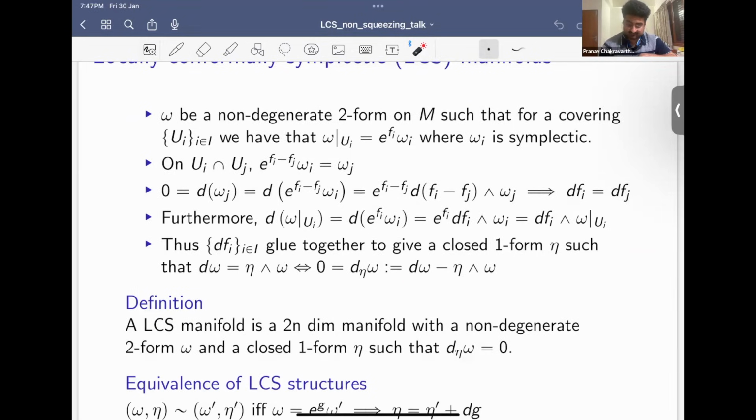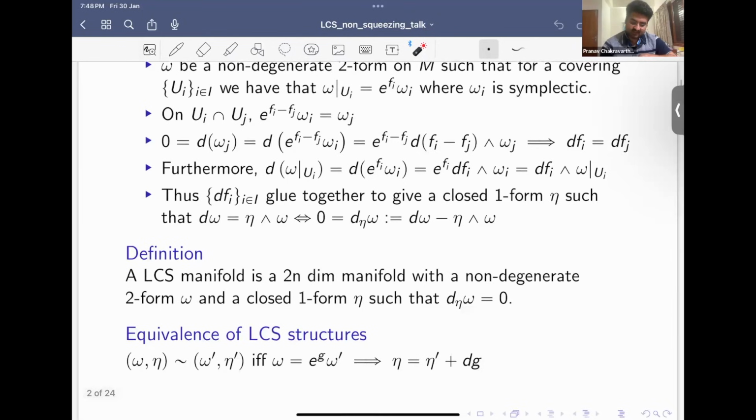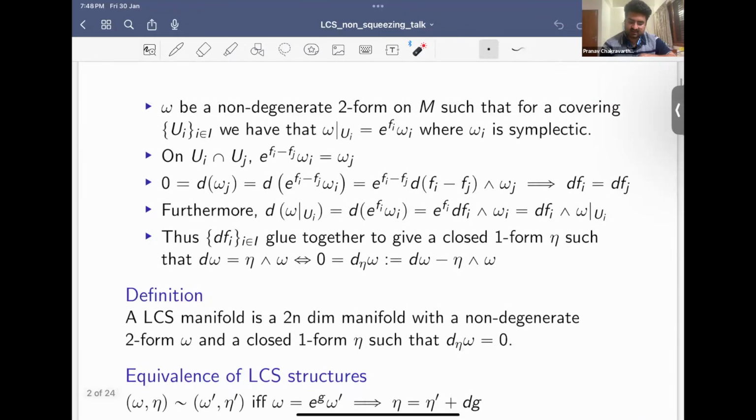Or phrased differently, we can say that the twisted differential is equal to 0, where the twisted differential with respect to a closed 1 form eta is defined to be d omega minus eta wedge omega. Conversely, given eta such that this is satisfied, we can get back a non-degenerate 2 form and an open covering for which it looks locally like a multiple of a symplectic form.